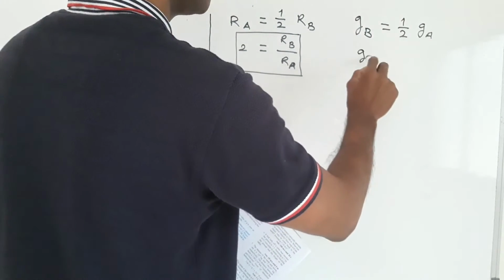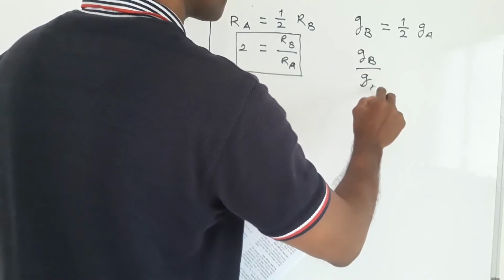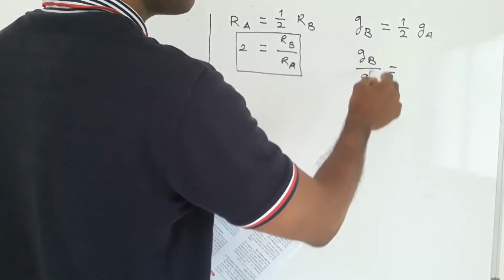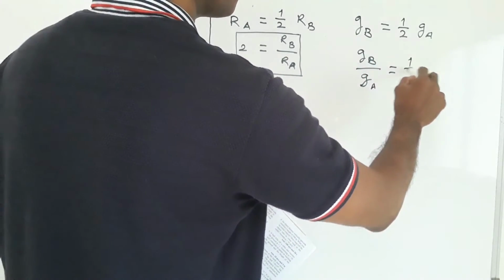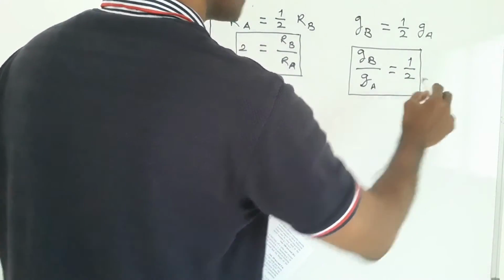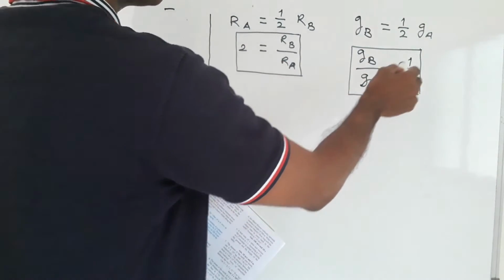Therefore now here we take this GA to the left side. Therefore this GB upon GA is equal to 1 upon 2. Now these are our two values, RB upon RA is equal to 2 and GB upon GA is equal to 1 upon 2.